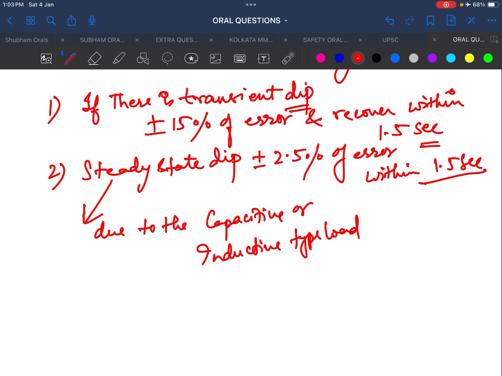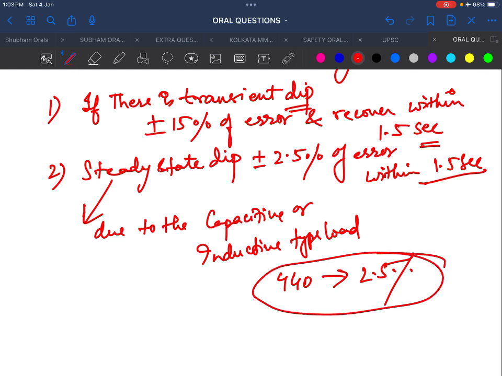Suppose it is 2.5% of 440 volts; it can survive up to that value only. For a transient dip of 440 volts, plus or minus 15%, it can survive up to plus or minus 15%, but beyond this 15% there is damage to the AVR.